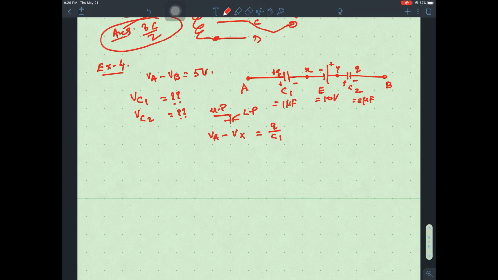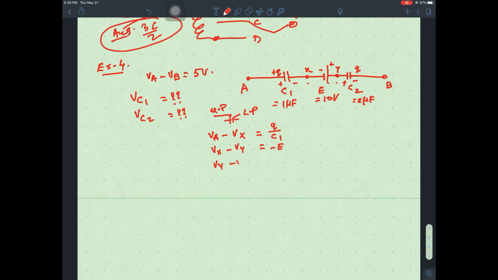Similarly, this is actually lower potential, this is higher potential. So we can write Vx minus Vy. Now try to understand. This is lower potential, this is higher potential, so it will be low minus high, which is negative. So I am writing minus E, that is the voltage, minus E, and Vy minus Vb.